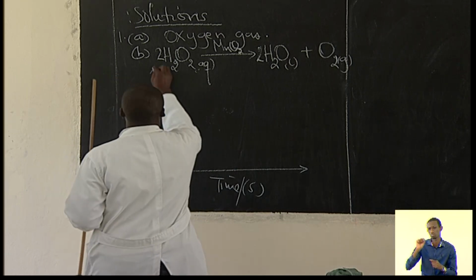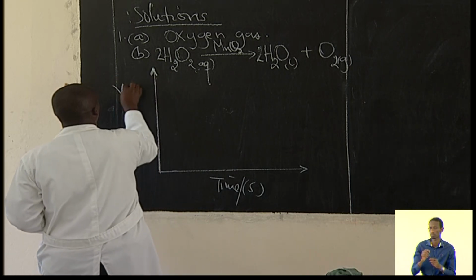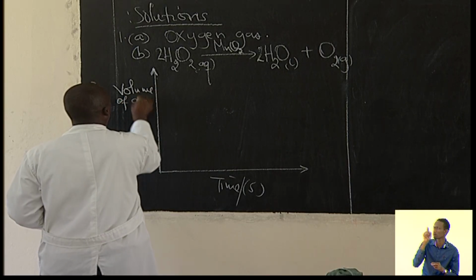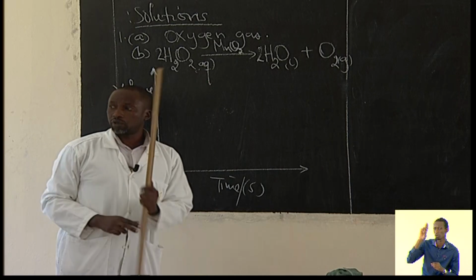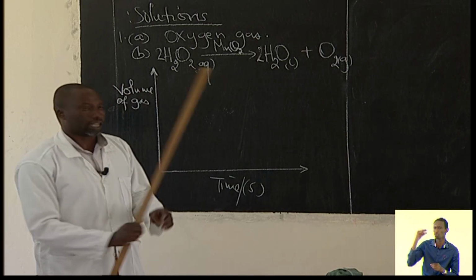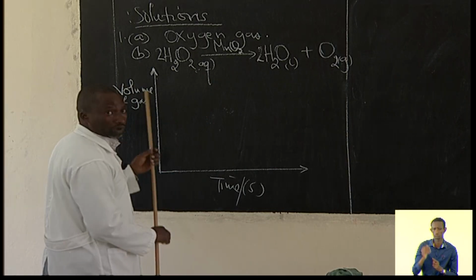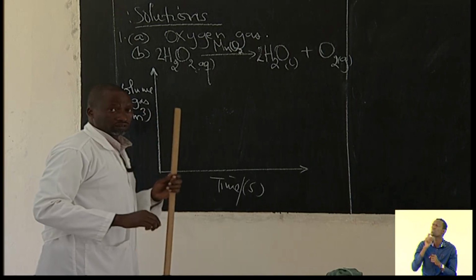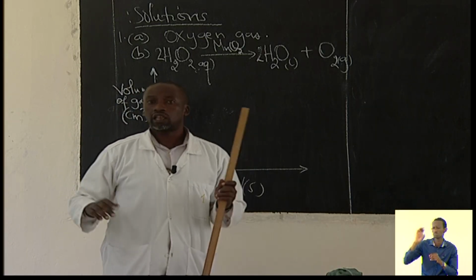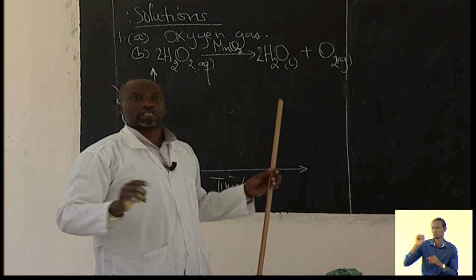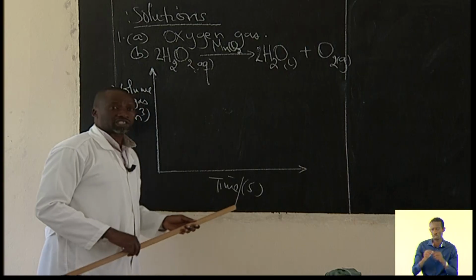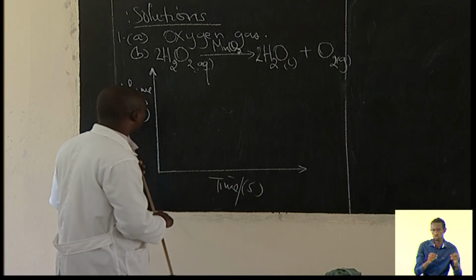This is the y-axis, the volume of gas, measured in cubic centimeters. The labeling must include the units of any variable you are dealing with. The time can be in seconds or minutes, and then the volume of the gas.